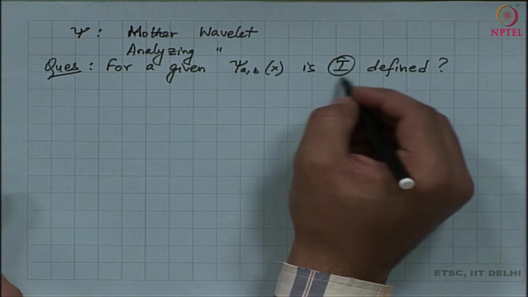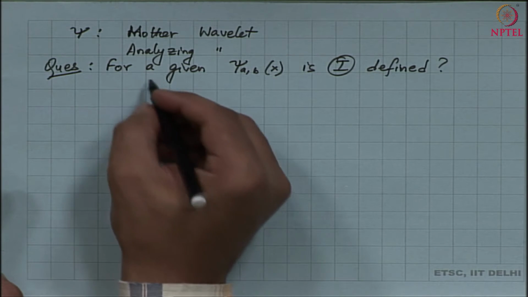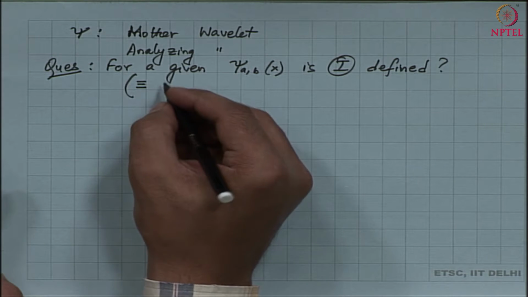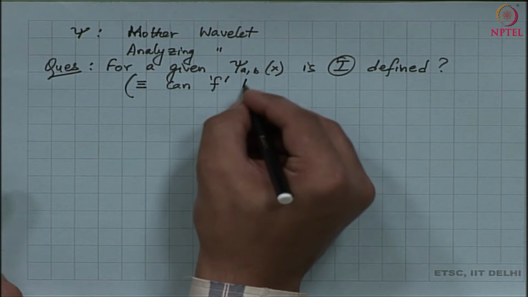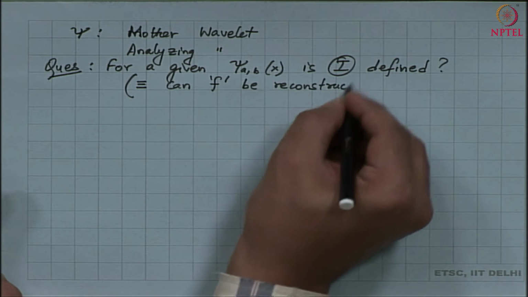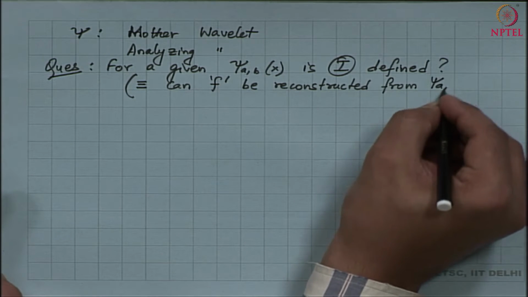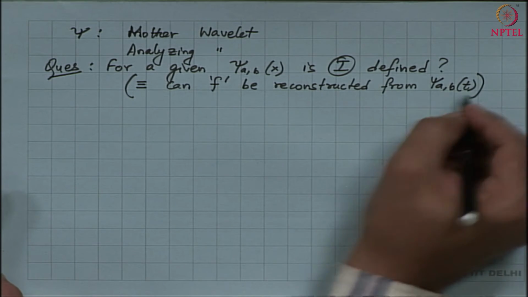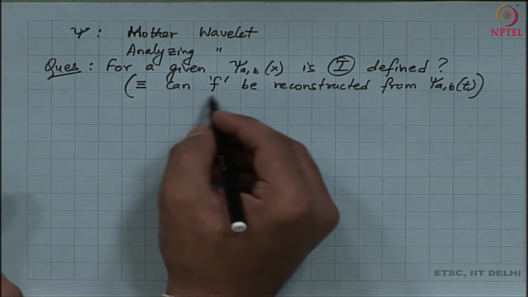The definition of the wavelet transform that I just described, is it defined? Or an equivalent question to be asked is, can my function f be reconstructed from my wavelet functions psi of a comma b? Namely, can the inverse be suitably found so that I get back my original function?